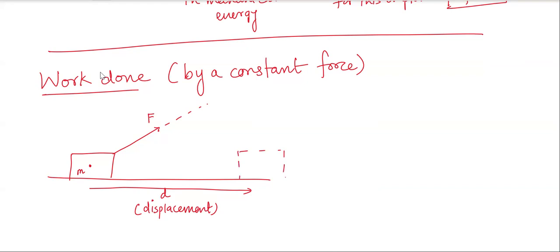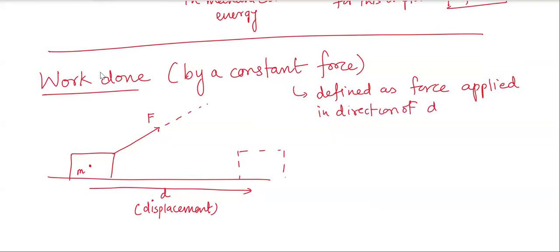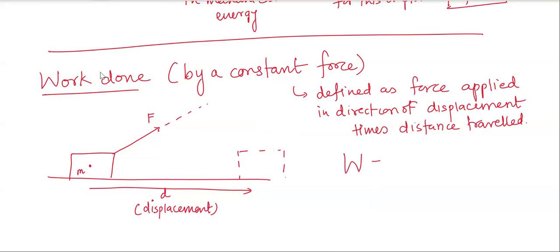So work done by a constant force is defined as a product, or I will say it is the force applied in the direction of displacement times the distance traveled. So this will be given as work, W equals F times d.